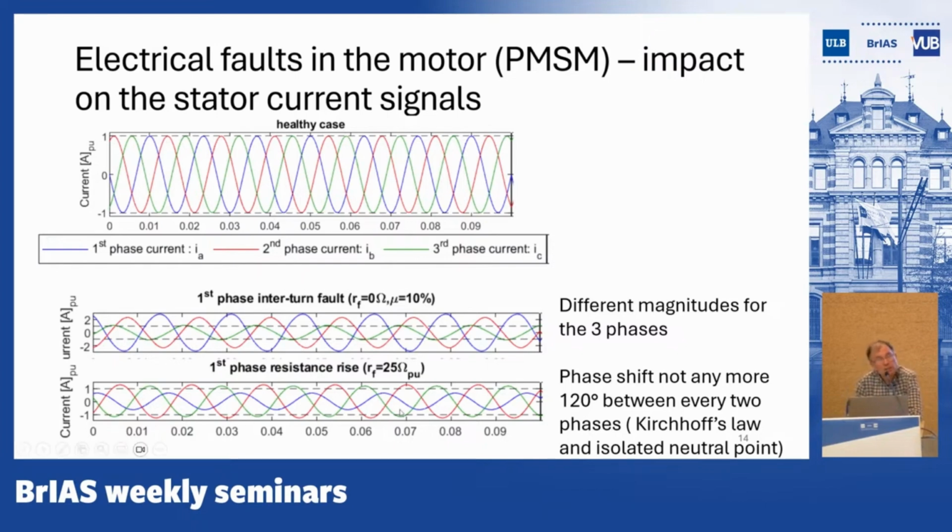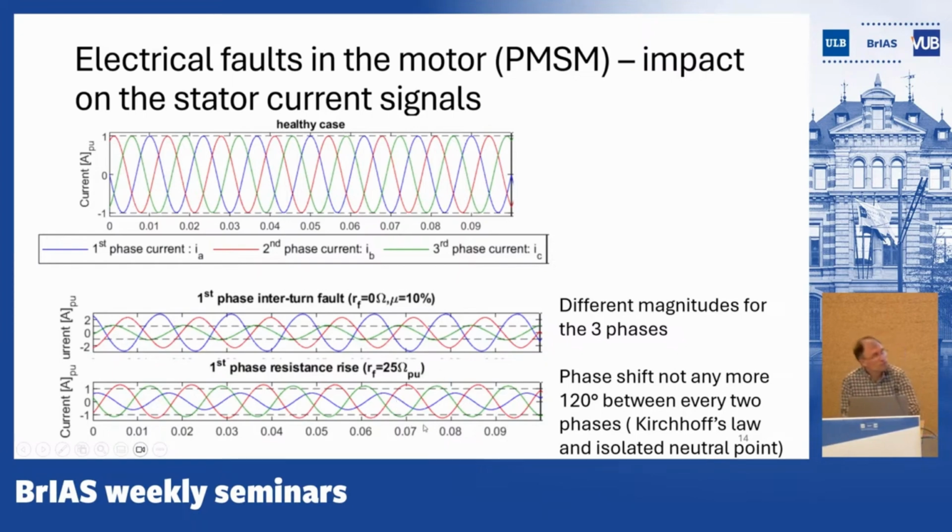These signals are generated from a digital twin of our EMA. When there are inter-turn faults, and 10% of the coil is subject to such faults, you get this distorted signal. And this is what you get when there is an increase in the phase resistance.